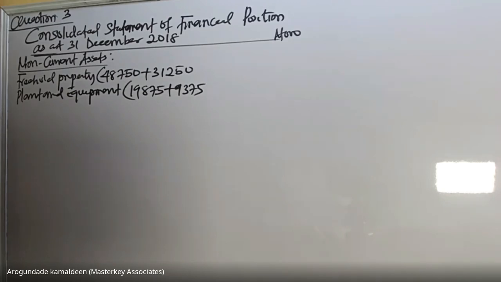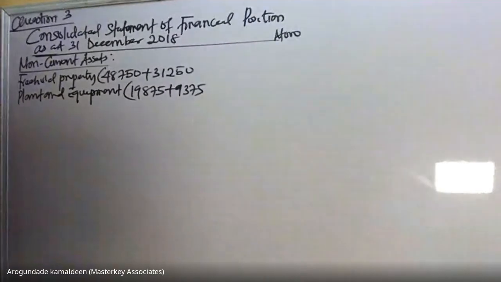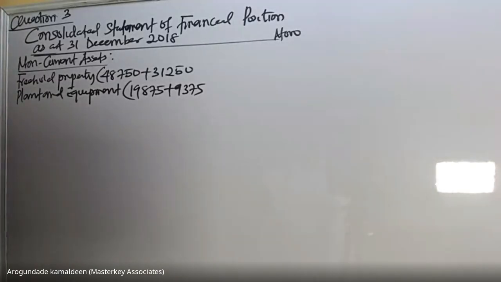The second is the subsidiary. The third is always the associate. Are you clear? But I am still going to show you shortly. The first is the parent company, the second is the subsidiary, the third is associate.